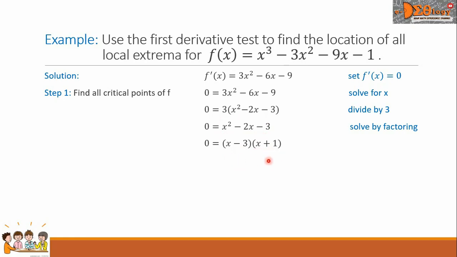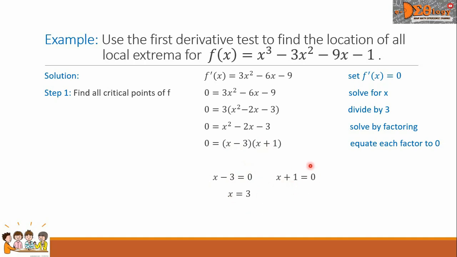And from here, let us equate each factor to 0. So x minus 3 equals 0 and x plus 1 equals 0. Solving for x in the first equation, we transpose the negative 3 to the right. So x is equal to positive 3.